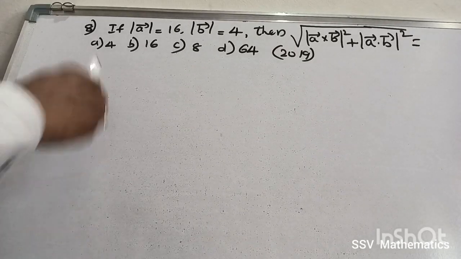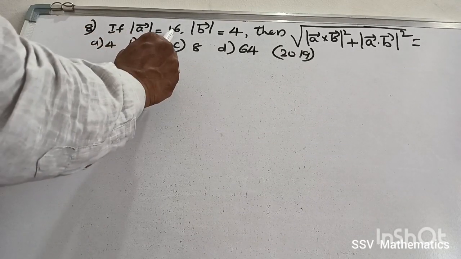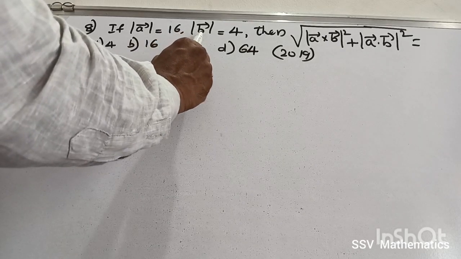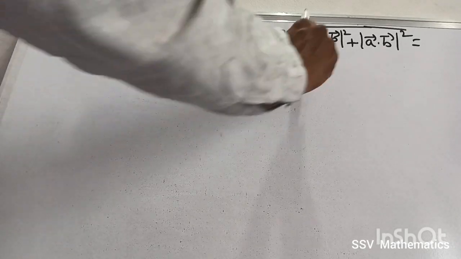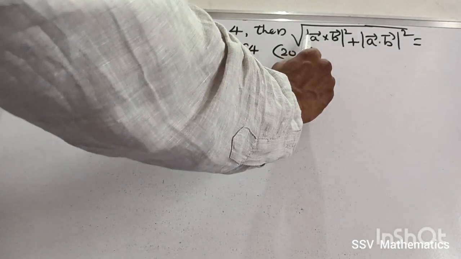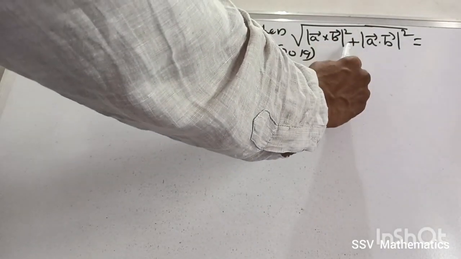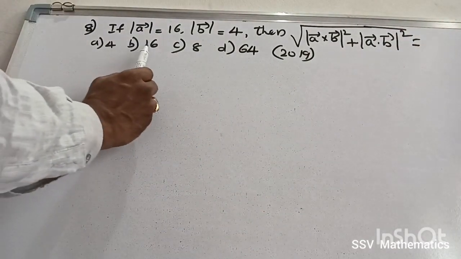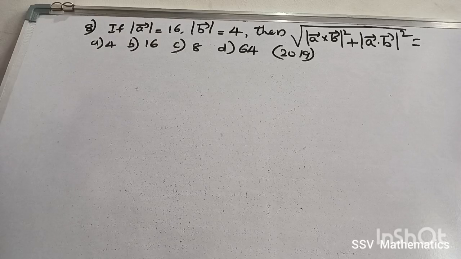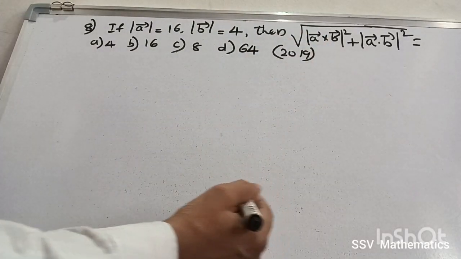Next problem. If magnitude of vector A is 16, magnitude of vector B is 4, then square root of magnitude of A cross B whole square plus magnitude of A dot B whole square is equal to dash. Options are 4, 16, 8, 64. Asked in 2019.